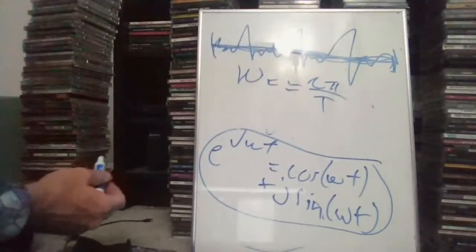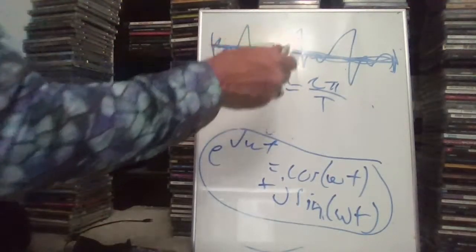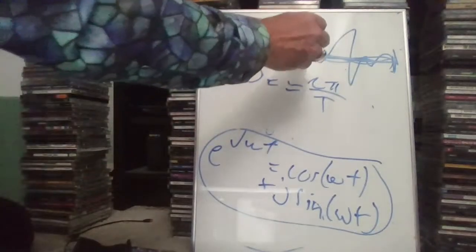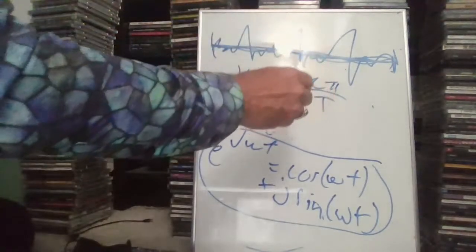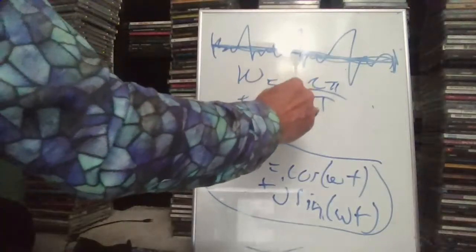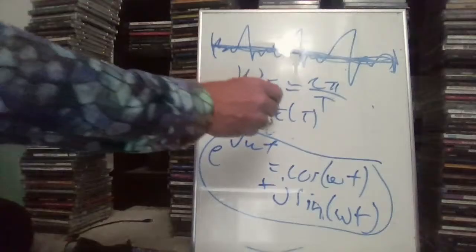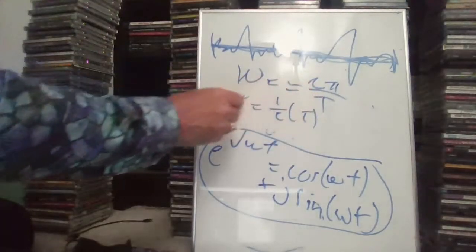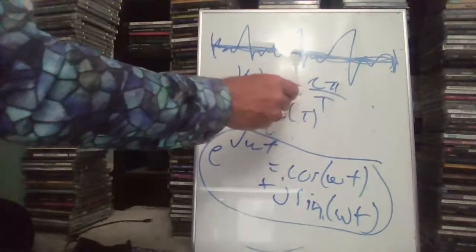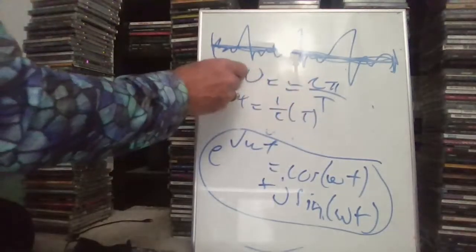But then there's also a frequency where the period is half that. So if the little t is 1/2 of big T, then the frequency is twice that.